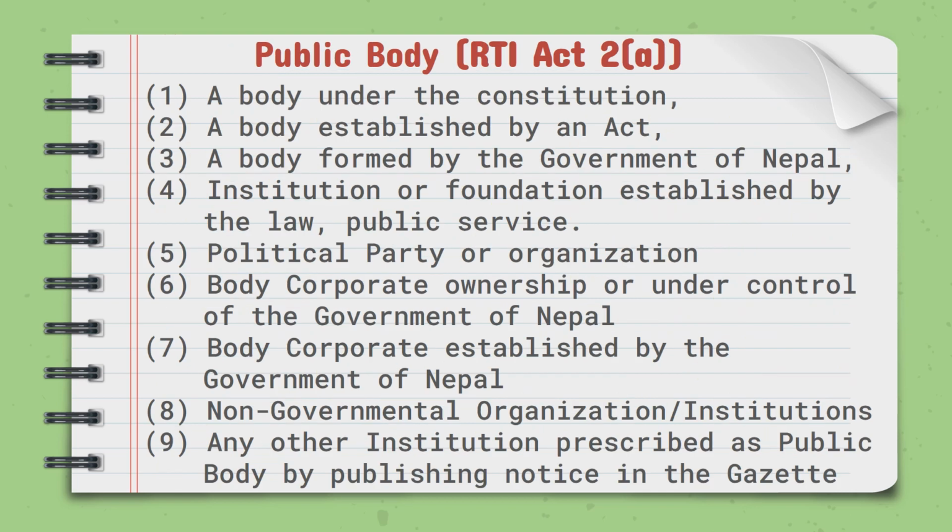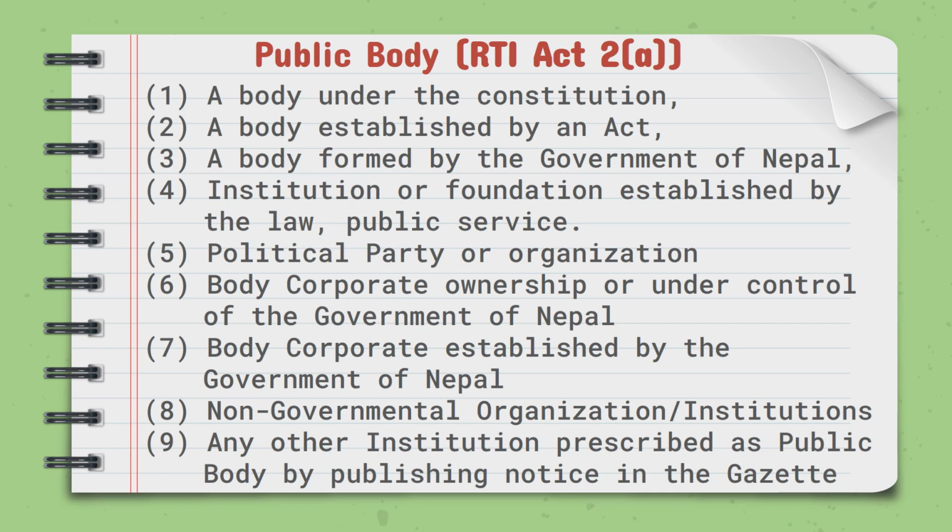This act defines certain institutions to be public bodies: a body under the Constitution, a body established by any act, a body formed by the government of Nepal, an institution or foundation established by law, public service, political party or organization, body corporate under ownership or control of government of Nepal, body corporate established by government of Nepal, non-governmental organization, institution.